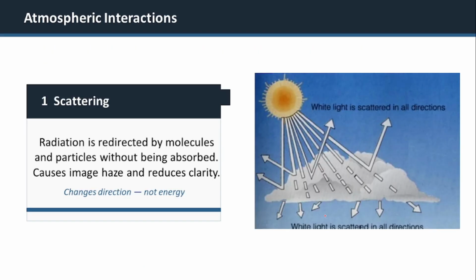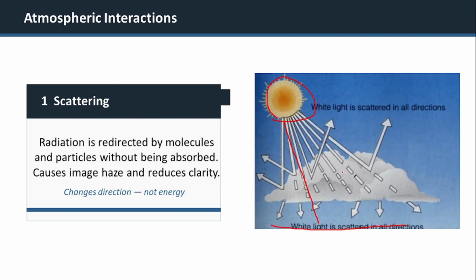Scattering is an important atmospheric interaction. Here you can see in this diagram, the sun is emitting the radiations and then these radiations will strike the various surfaces present on the earth. Before striking the surfaces on the earth, the radiation will interact with the atmosphere, and the atmosphere consists of different particles.